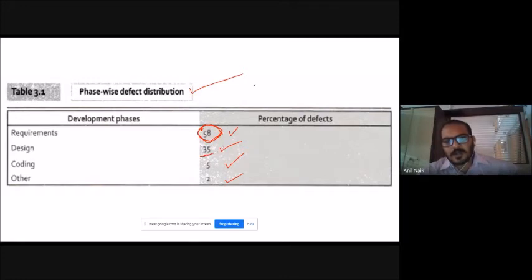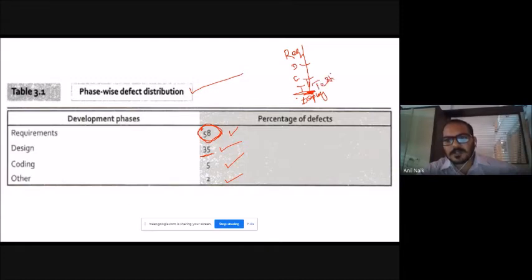Why? Because we are doing the testing at the last phase. Earlier there is the requirement phase, designing, coding, and testing before release and deployment. Before deployment, we are doing the testing at the last phase.